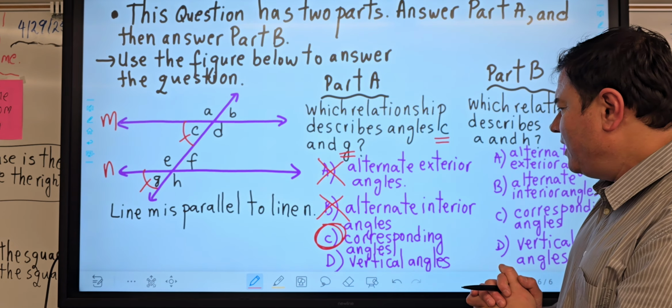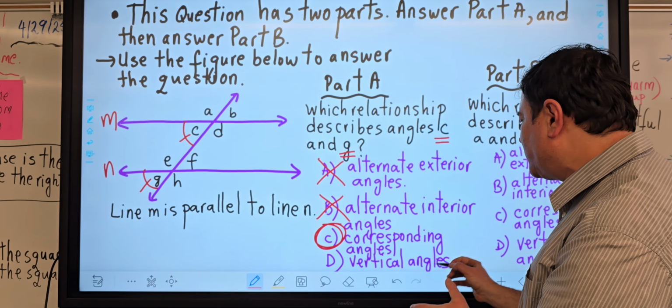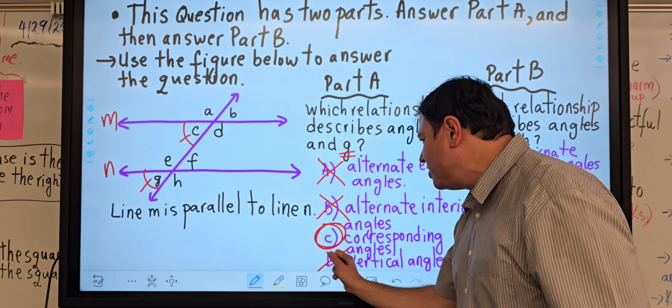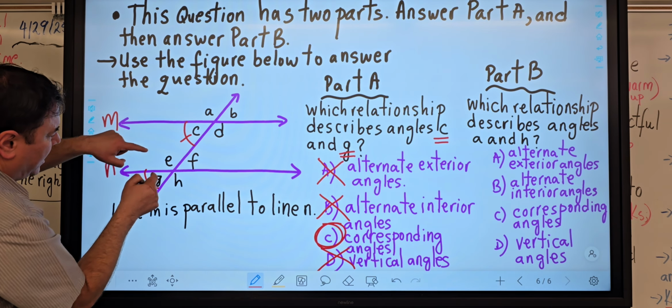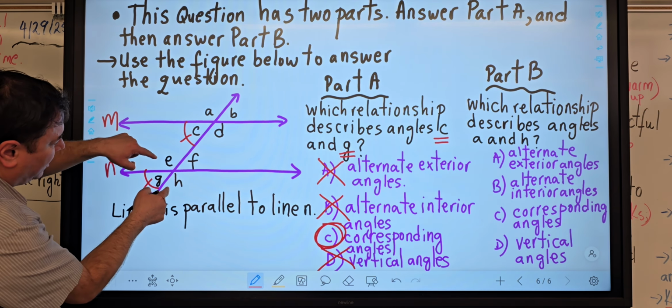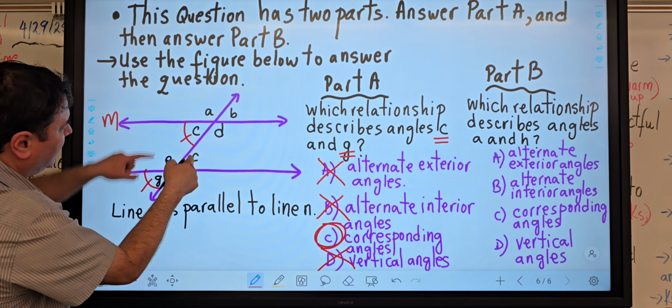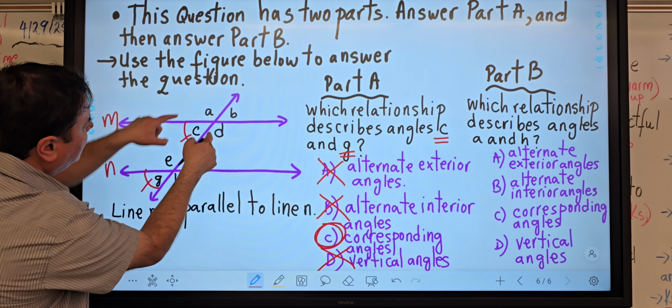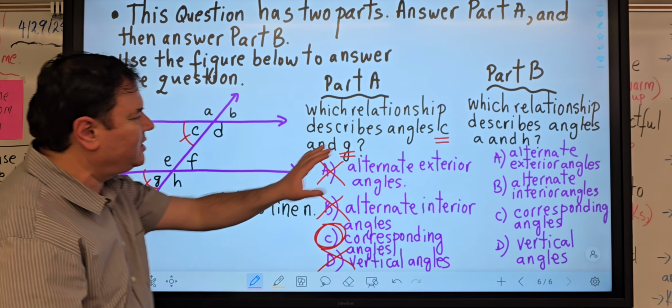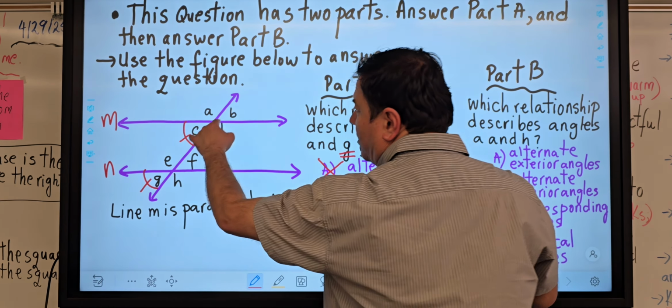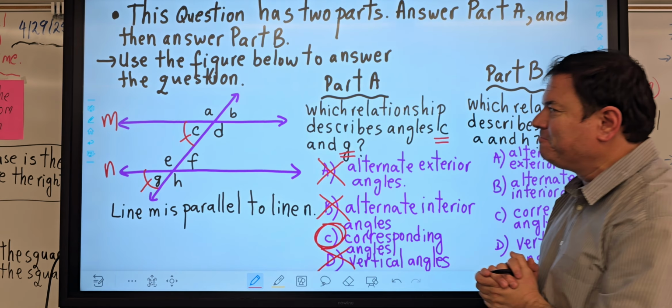And of course, option D is called vertical angles, and that's not true, because vertical angles are opposite from each other. E and H are vertical, G and F are vertical, A and D are vertical, C and B are vertical. But in this case, angle C and angle G are not vertical, they are corresponding.